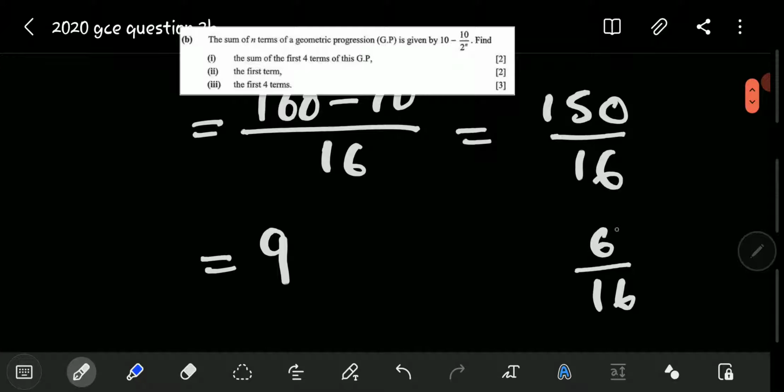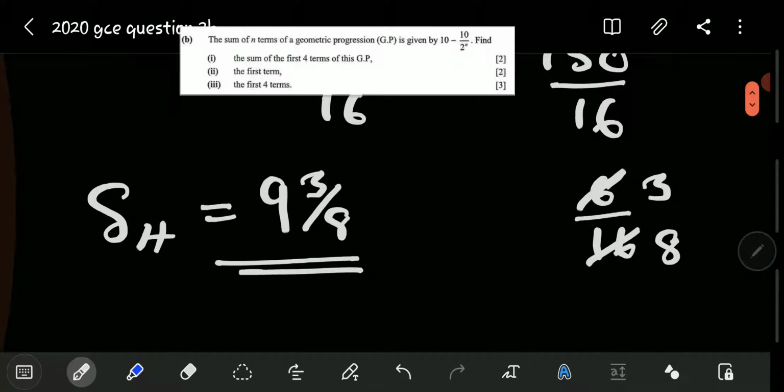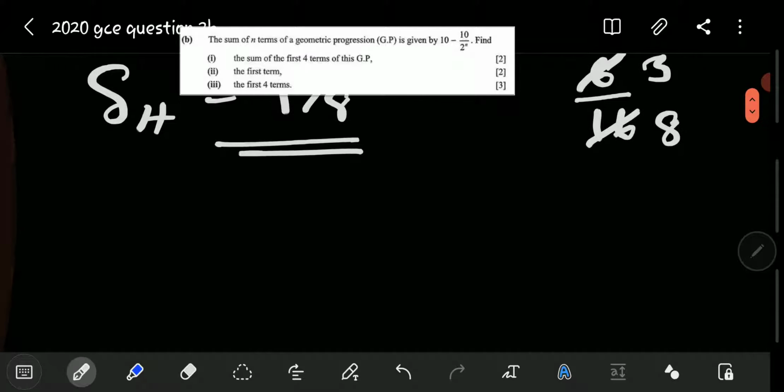But 6 over 16, 2 can go into 6, 2 can go into 16. So 2 into 6 is 3, 2 into 16 is 8. So we'll have 3 over 8. So 9, 3 over 8. This is the sum of the first 4 terms. 9, 3 over 8.